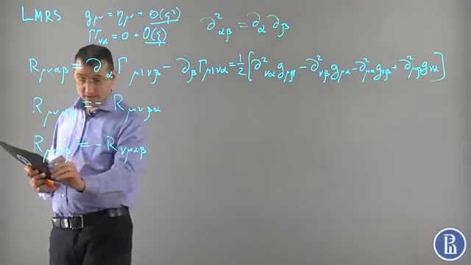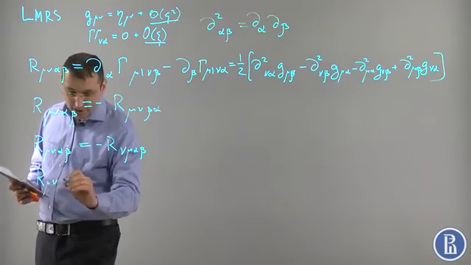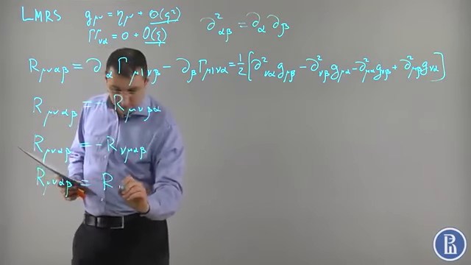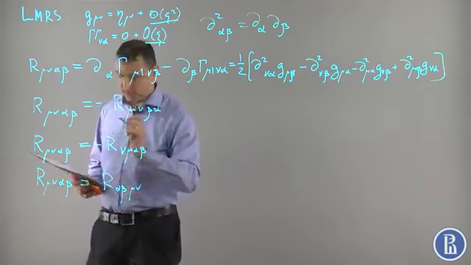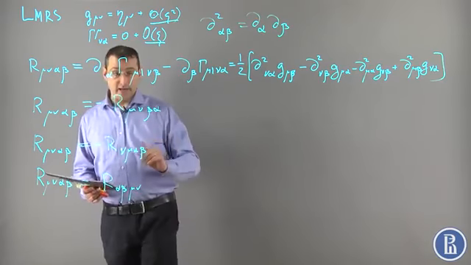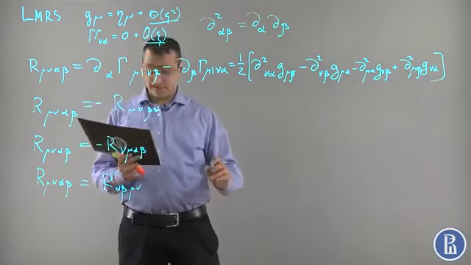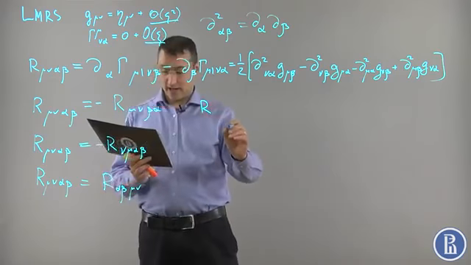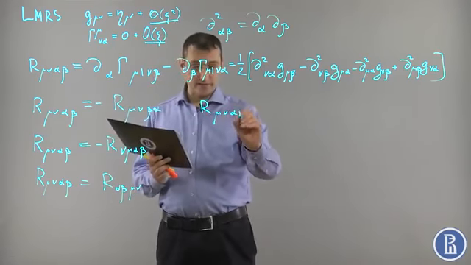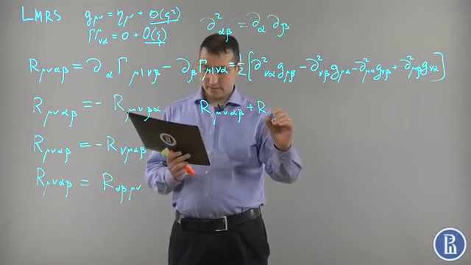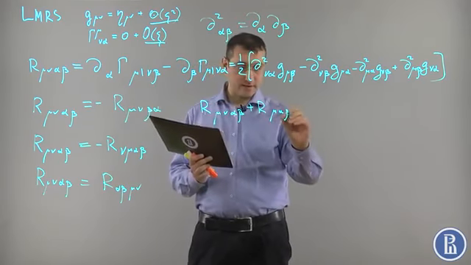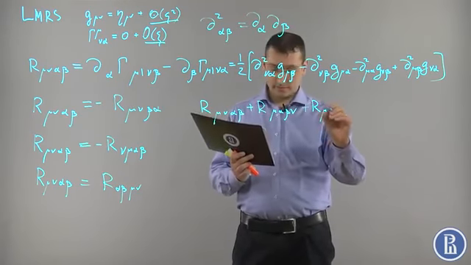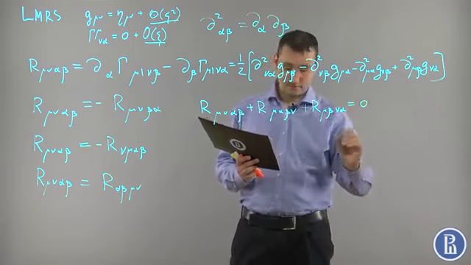But also one can easily see that if one exchanges the pair of indices, so I mean this couple with this couple, it doesn't change its sign. And the last equality that one can observe from this expression for the Riemann tensor is as follows: R_{μαβν} plus R_{μνα β} plus R_{μβνα} is 0.